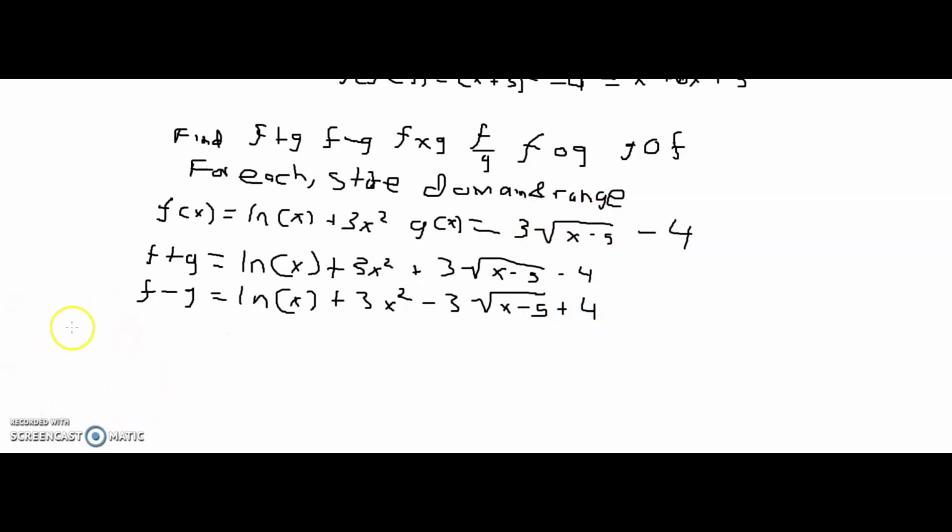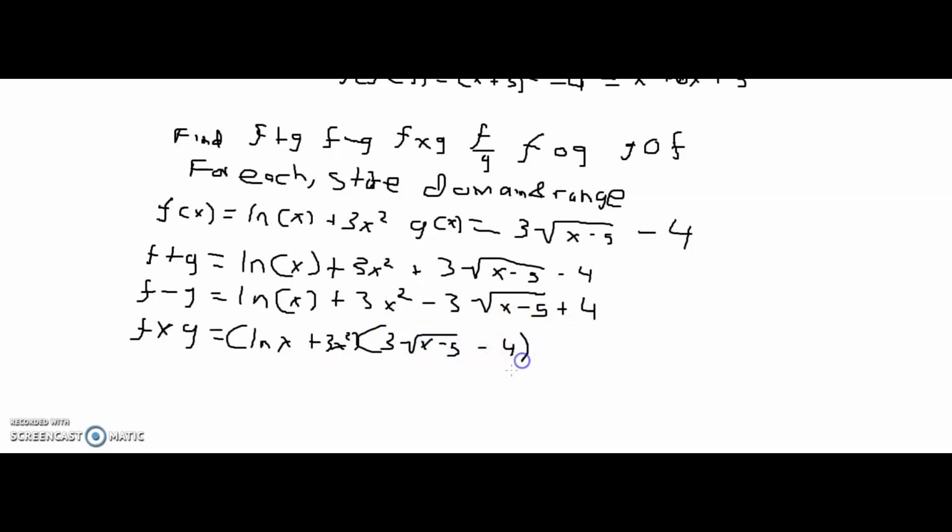And then if I were to multiply the functions f times g, I would get natural log of x plus 3x squared times the quantity 3 square root of x minus 5 minus 4.